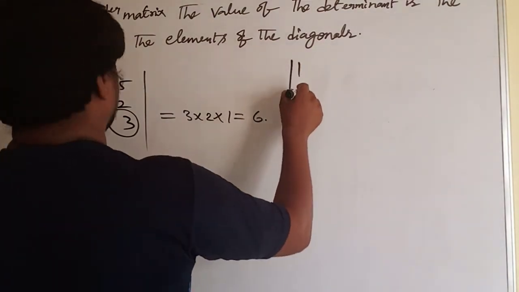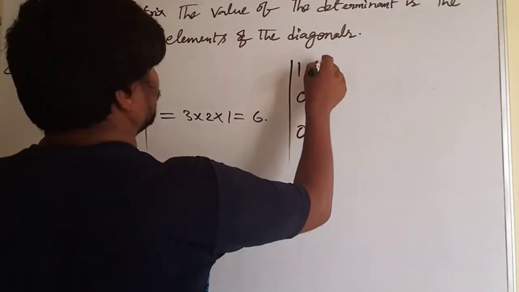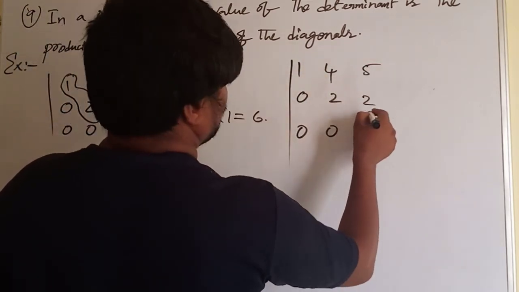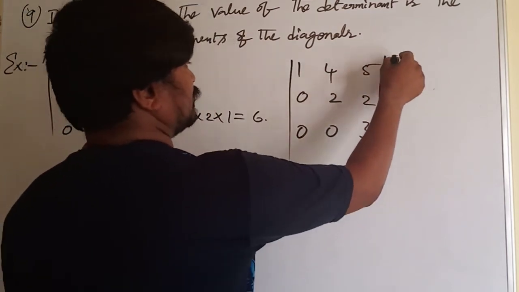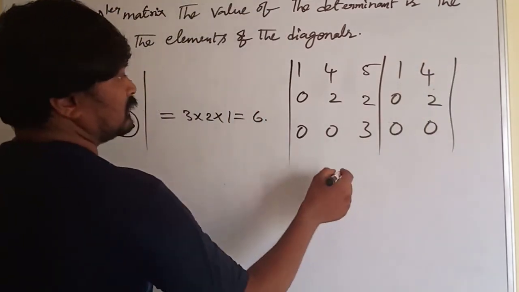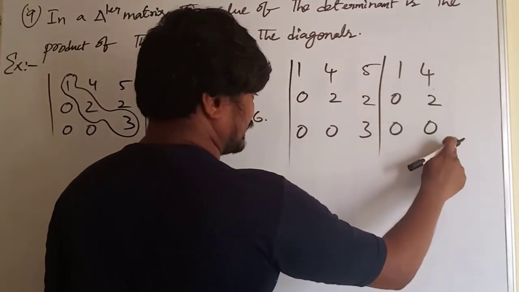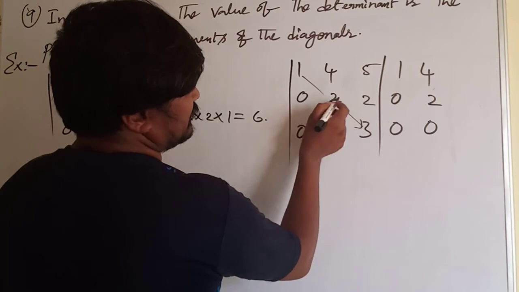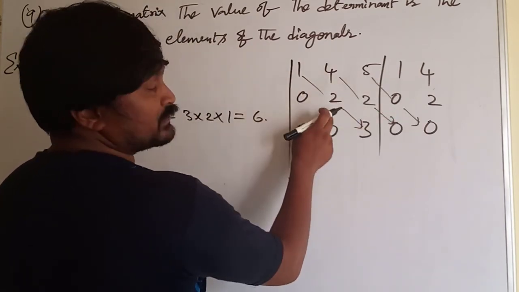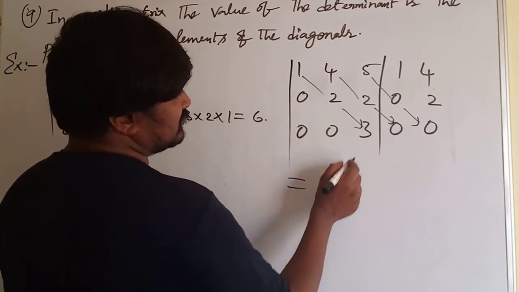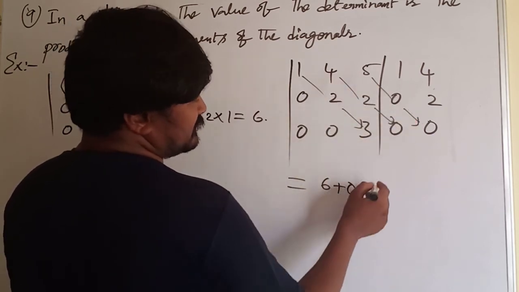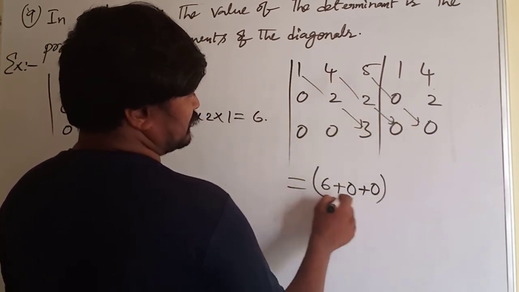Let me check. 1 0 0, 4 2 0, 5 2 3, and again 1 0 0, 4 2 0. This is the Sarrus diagram. So first one, second one, third one. 1 twos are 2, 2 threes are 6. 4 twos are 8, 8 into 0 is 0. 5 into 0 is 0, 0 into any number is 0.